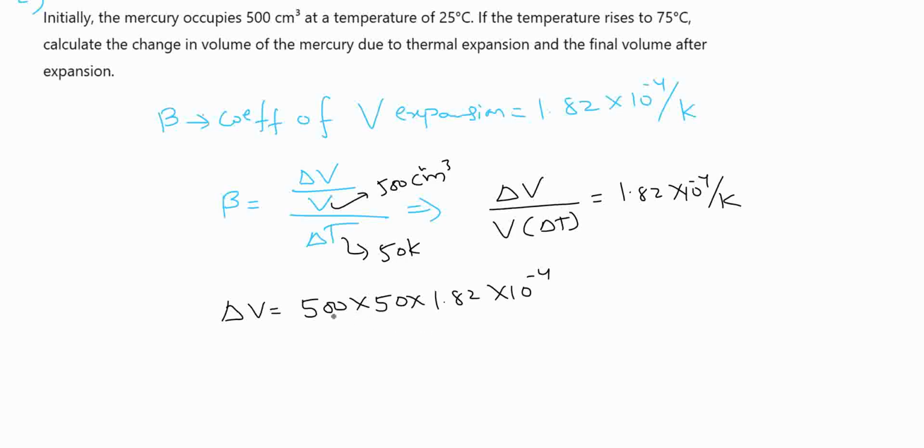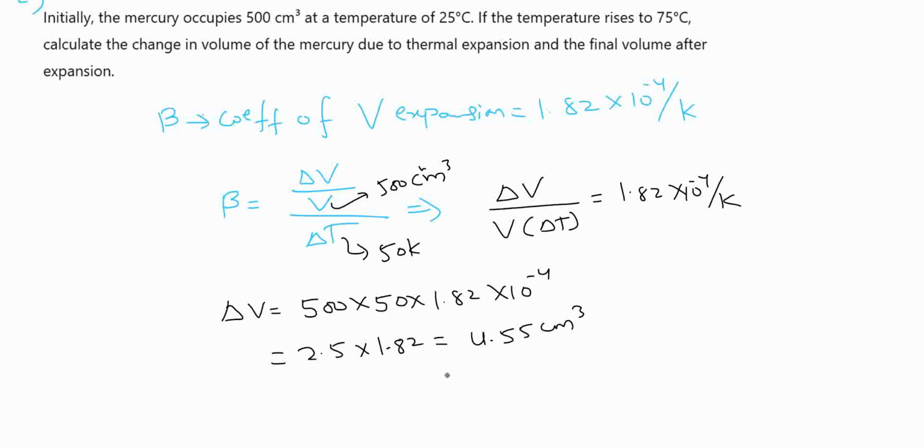Here we have two zeros, 10 power 3, so we get 10 power minus 1, and here 25, basically 2.5 into 1.82. So let's calculate this. This is 4.55 centimeter cube.